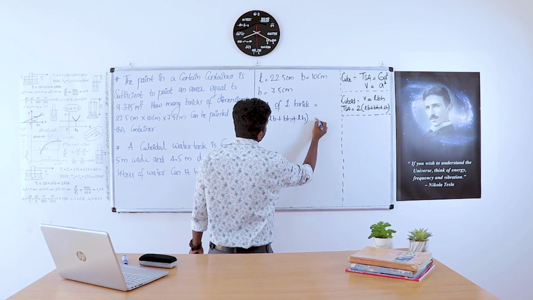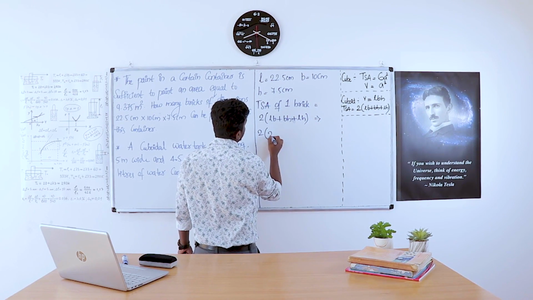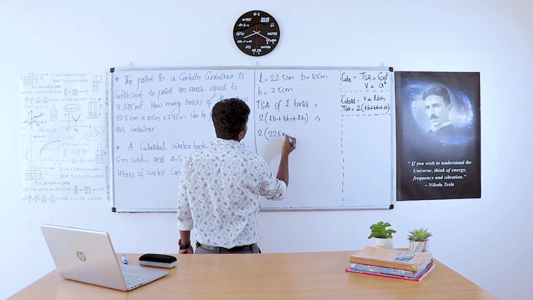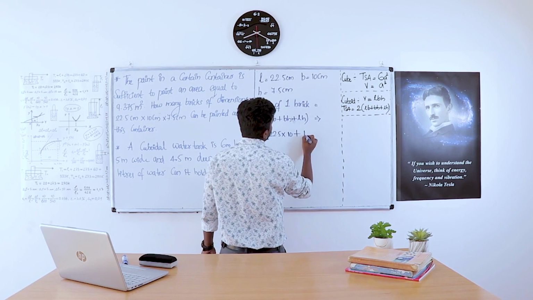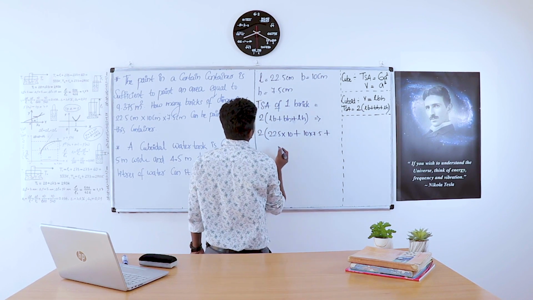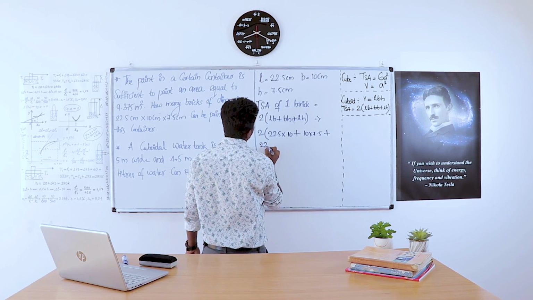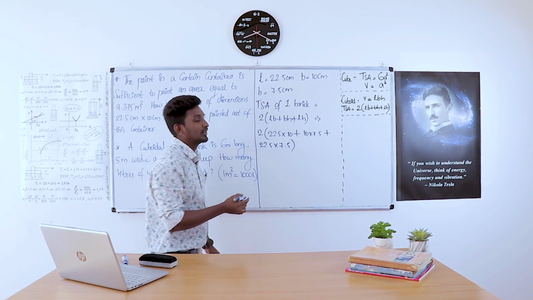Now substitute all the given values. That is 2 into L 22.5 into B 10 plus BH 10 into 7.5 plus LH 22.5 into 7.5.